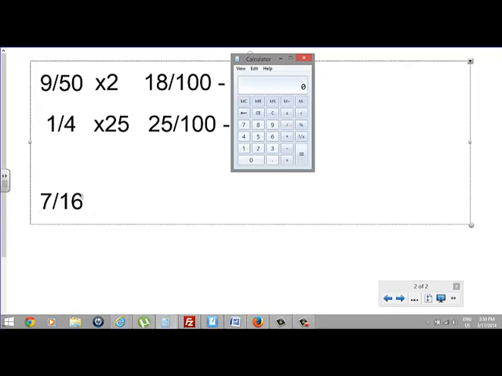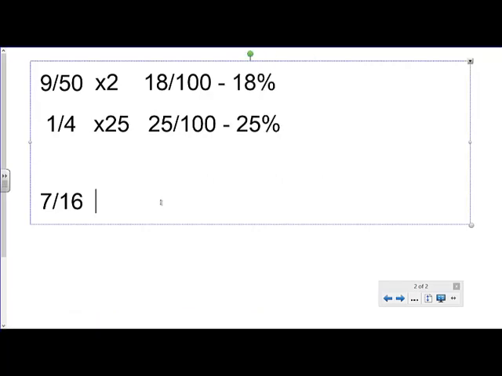So 7 divided by 16 equals 0.4375. Well, how is that a percentage? 0.4375 is the same thing as 43.75%, which, if you need to round it up, is 44%.